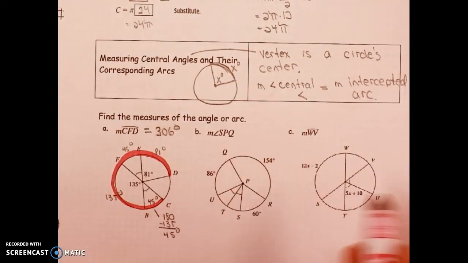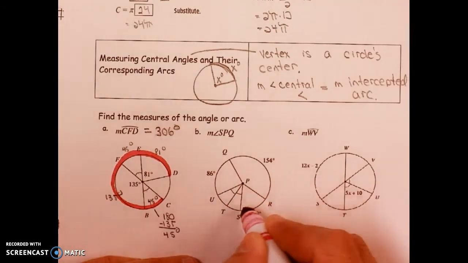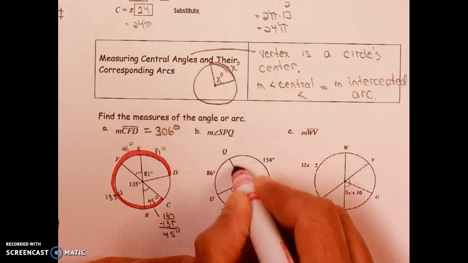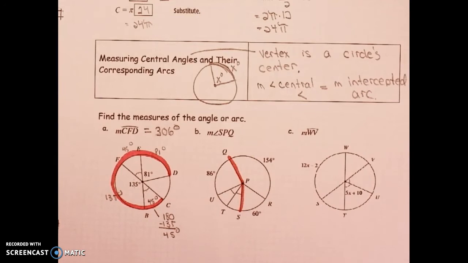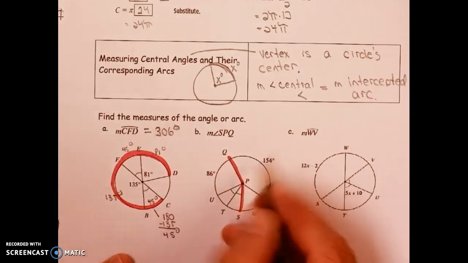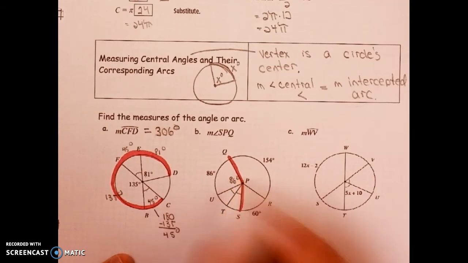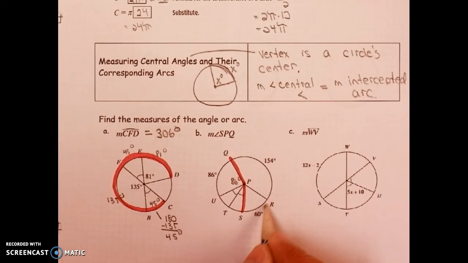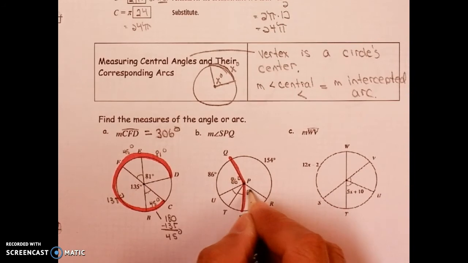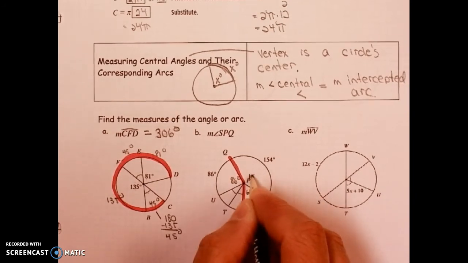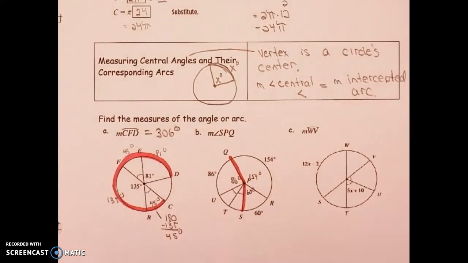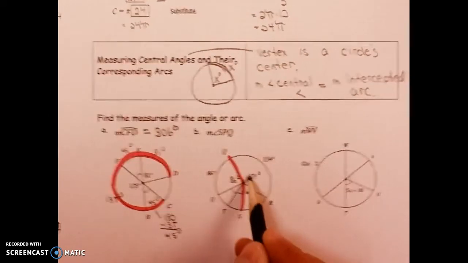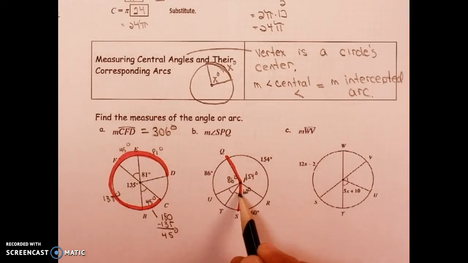Notice on this one, we're looking for the measure of angle SPQ. So first of all, if this arc is 86, this angle is 86. If this is 60, its corresponding angle is 60. If that's 154, that means this is 154. So two different ways you could do this. First of all, inside here, all of these angles would have to add up to 360.